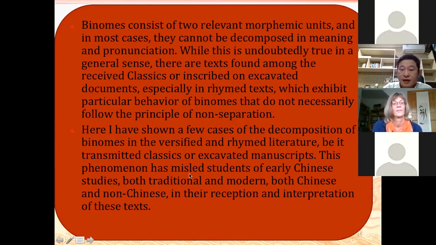This phenomenon has misled students of early Chinese studies, both traditional and modern, both Chinese and non-Chinese, in their reception and interpretation of these texts. So in light of the separate use of binomes in some rhymed, versified texts, we can probably reinterpret some classical passages and provide a correct understanding of the ancient texts. Okay, thank you very much.